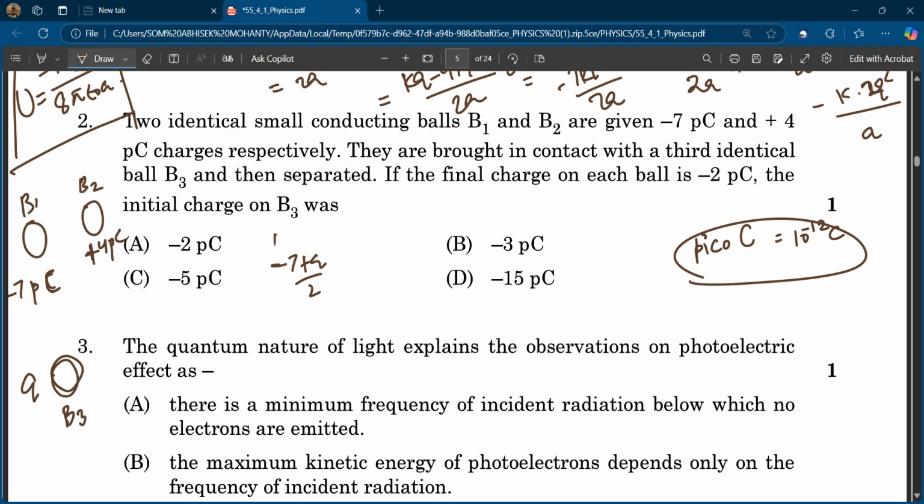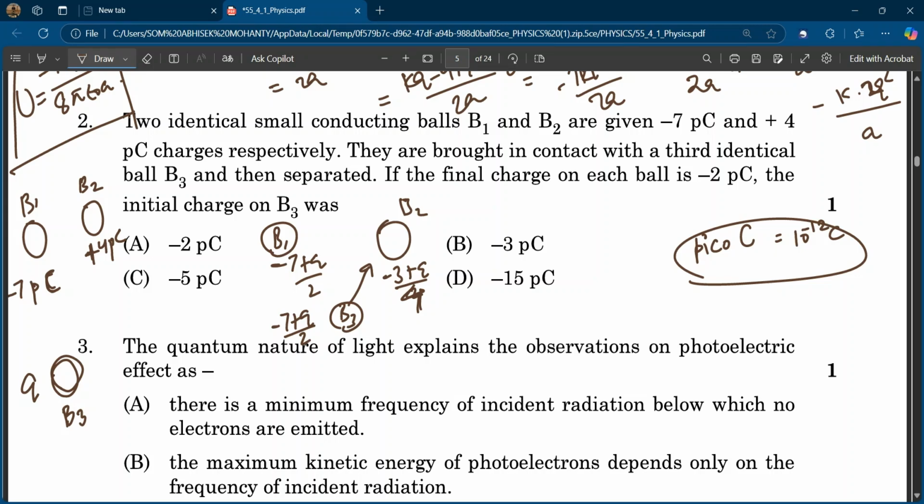Now B3 is made in contact with B2, so this will be minus 7 plus 4, that is minus 3 plus Q by 2, divided by 2, so (minus 3 plus Q) by 4.